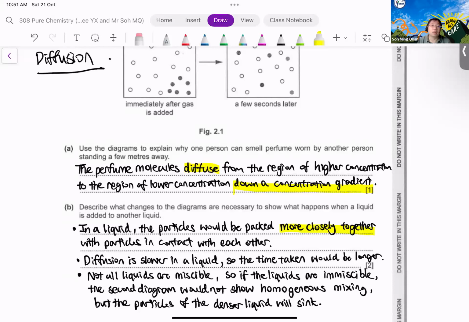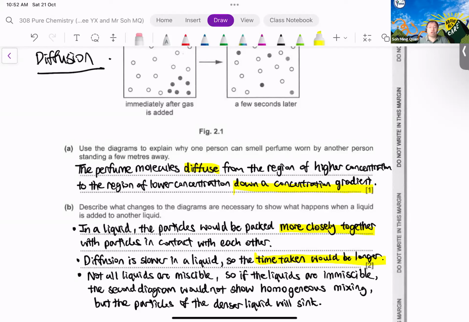Number two, a lot of students immediately thought, oh, diagram means the circle, circle, circle only. No, the diagram includes the words below it, right? So the time taken for it to diffuse and spread out would be longer. Definitely won't be a few seconds if it was a liquid, because diffusion will be slower in a liquid compared to a gas.